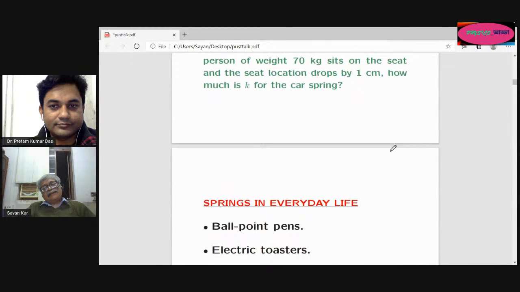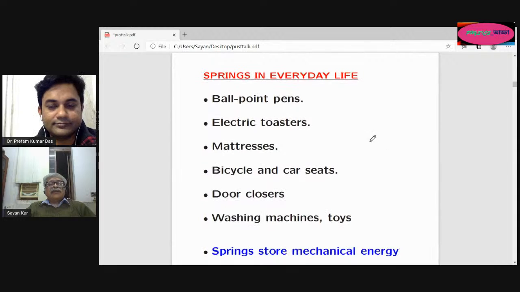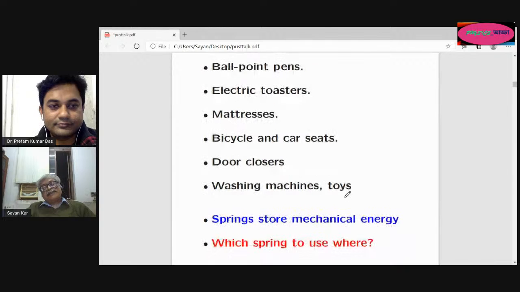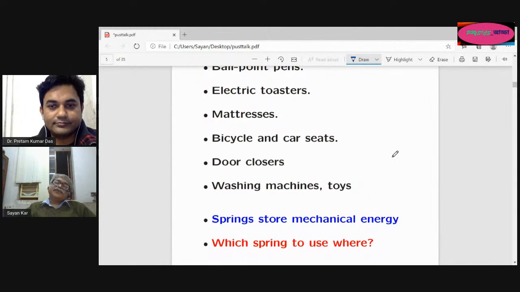Okay. So as I said, there are springs in everyday life, and I told you about the spring that you have in your ballpoint pen, the spring that you have in electric toasters, which make them jump up, the spring that you have in mattresses, in bicycle and car seats, in door closers, in washing machines, in various toys, and so on and so forth.